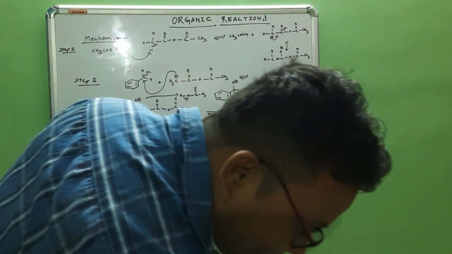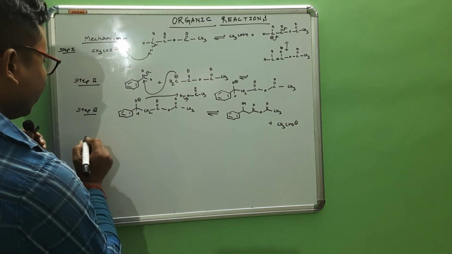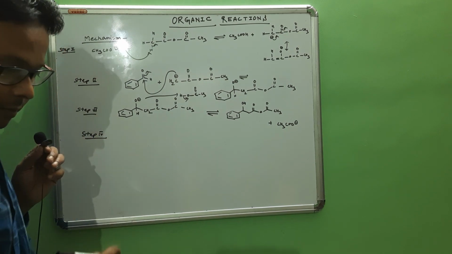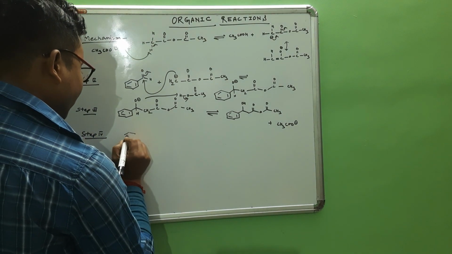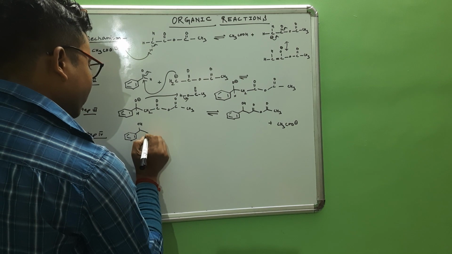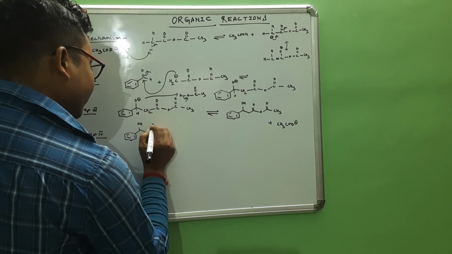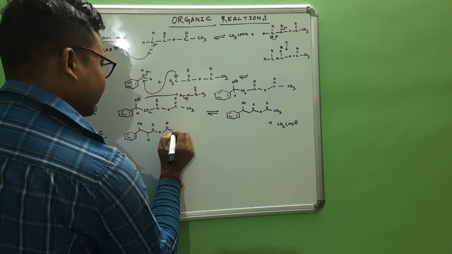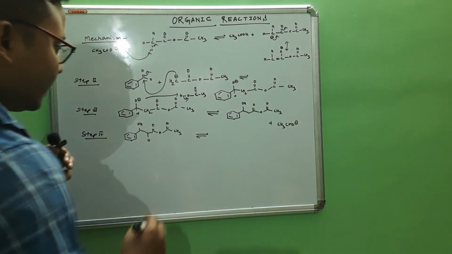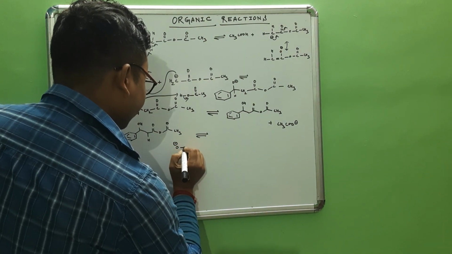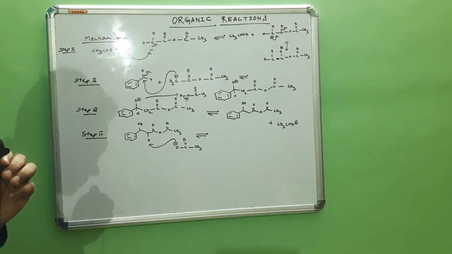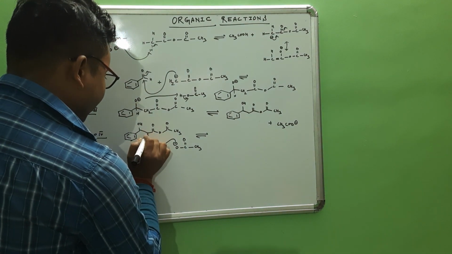So what will occur in step 4? Here one alpha hydrogen is still alive. Here again, the acetate ion takes this left hydrogen ion.